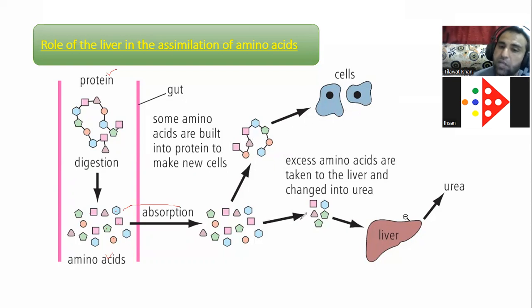While the extra amino acid in the liver will convert into urea. This urea will go out from your body in the form of urine. Blood will be filtered by your kidney, and that urea will go out in the form of urine.